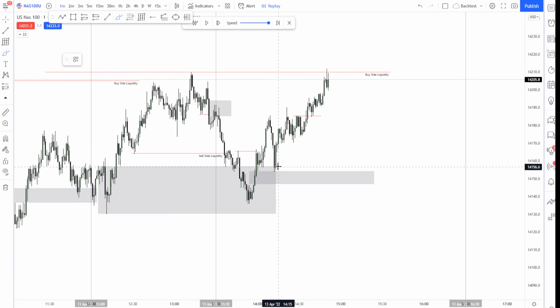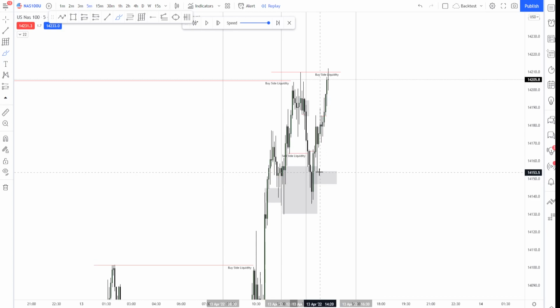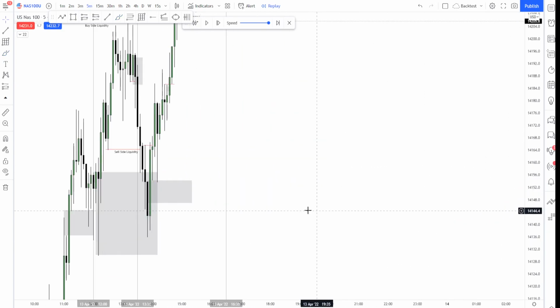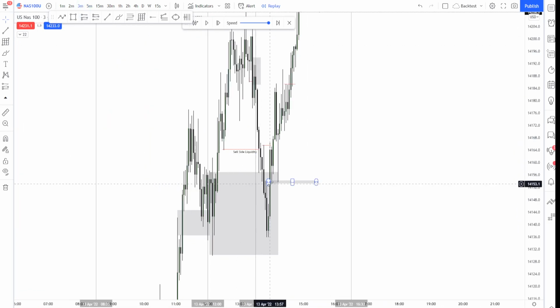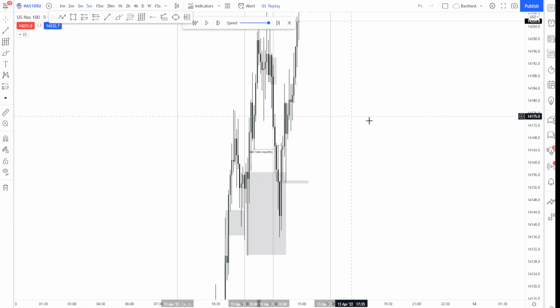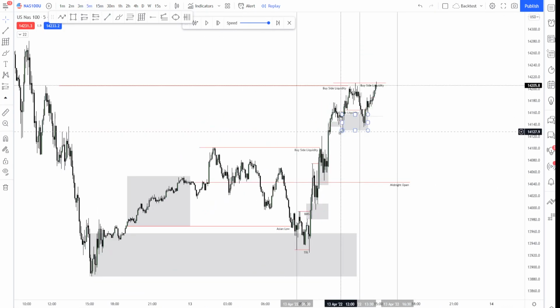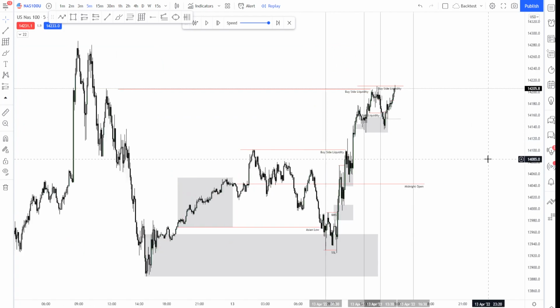And it gave us an entry right here after price displaced and gave us a fair value gap on the higher time frame, the 5 minute, and the 3 minute. Keeping it simple and efficient.